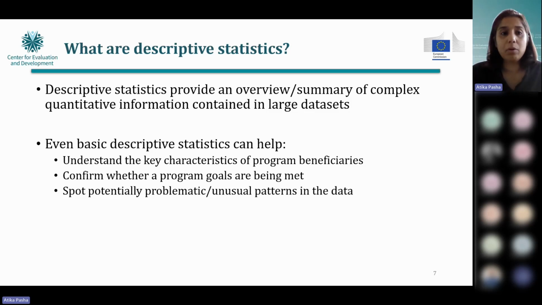It can also help you confirm whether your program goals are being met. When you collect your monitoring data, you generate your key performance indicators, indicators that tell you whether your program goals are being met across the various years of the program. And finally, with the help of these statistics, you can understand what unusual or problematic patterns you observe in the data, or within your program population, for instance.